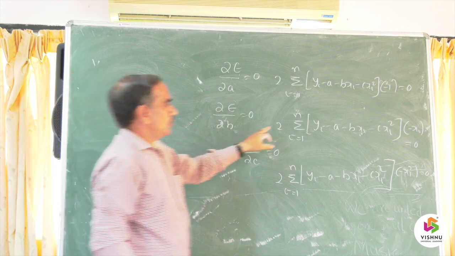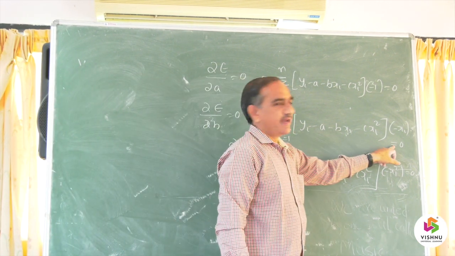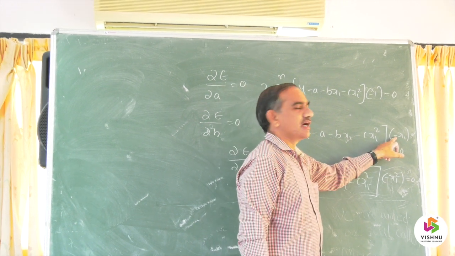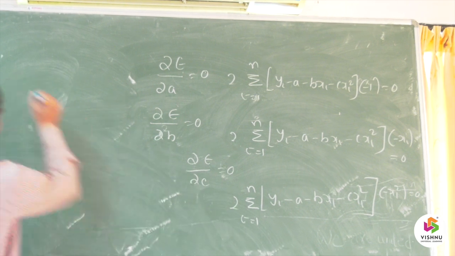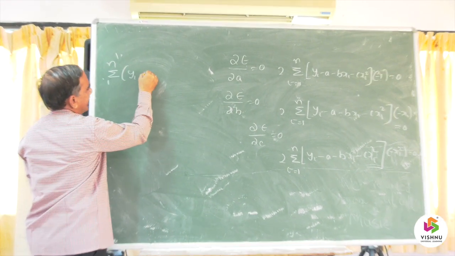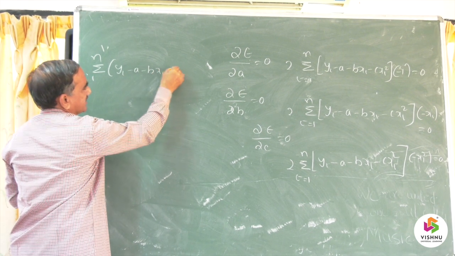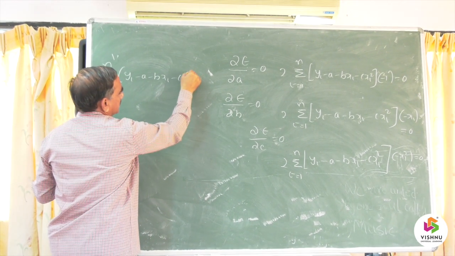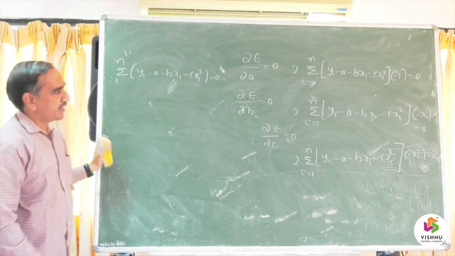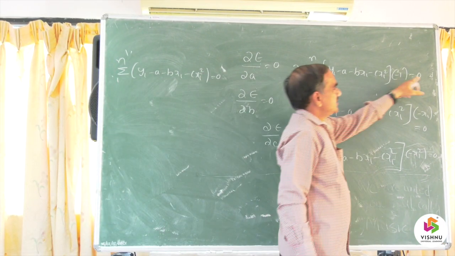So 2 can be taken to the right side, where we have 0, so 2 is not required, and minus 1 is also not required. So the total equation is sigma 1 to n, yi minus a minus b xi minus c xi square is equal to 0.